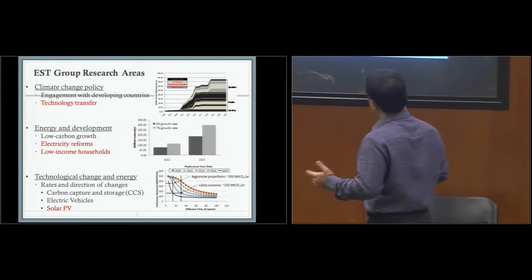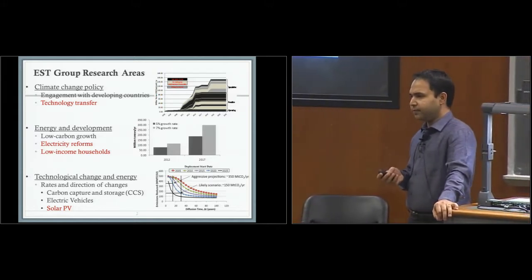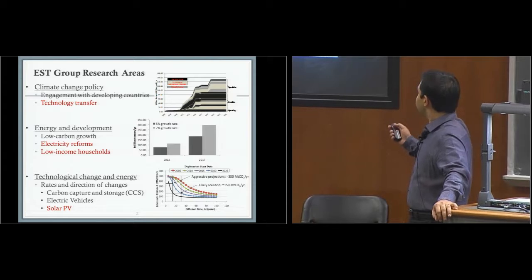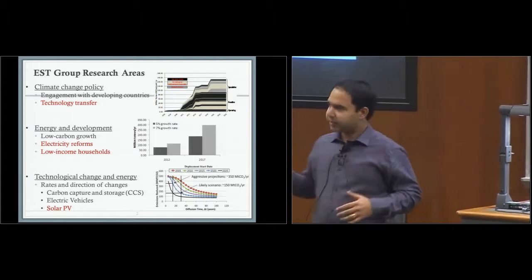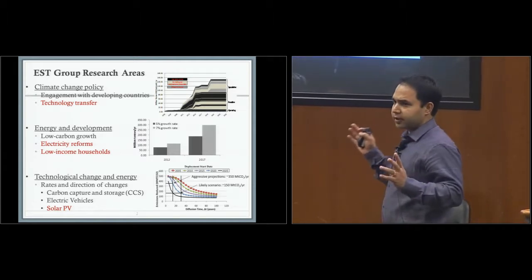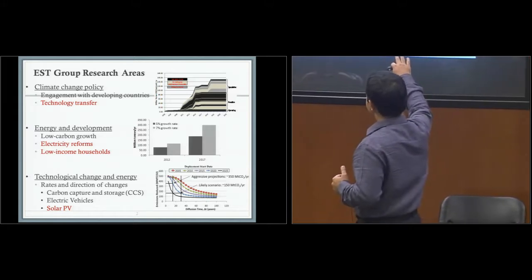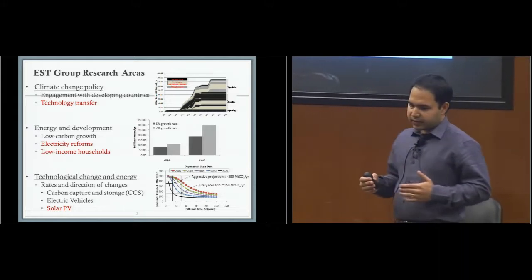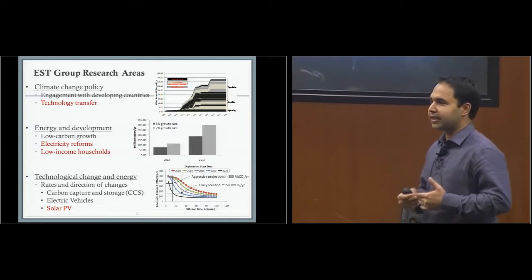And I've studied a whole number of energy topics, including carbon capture and storage. The pointer will not work on that screen, but carbon capture and storage, that's on the very top. That's all the projects in the world, and we try to model what the diffusion trajectories could be. What you see in the center is the CO2 savings that can happen if there are certain regulations put in place in India.